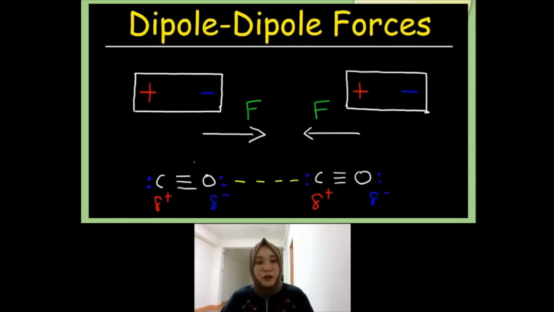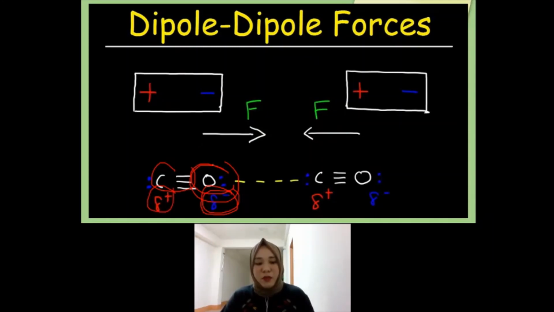We have carbon monoxide, which is of course composed of one carbon and one oxygen. So in this example, the oxygen atom will assume the partially negative region, and then the carbon atom will assume the partially positive region.